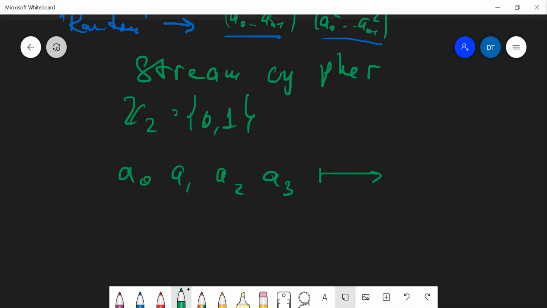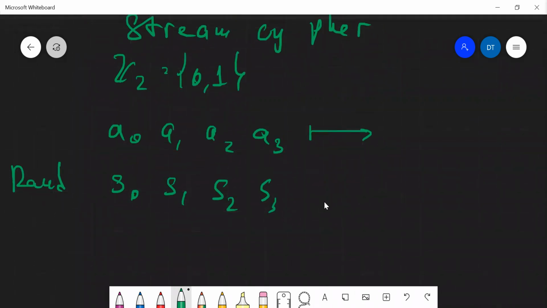What you can do is randomly generate a sequence of other bits, s0, s1, s2, s3, and instead of sending the initial sequence, you add these 2 bits together, and you will get the encrypted information. Encryption, I always forget which word means what. And then you send this information instead.